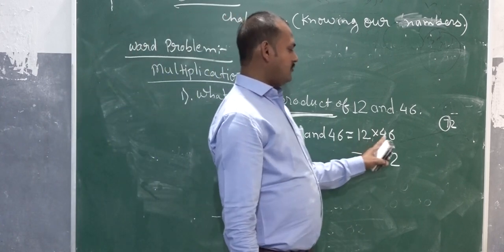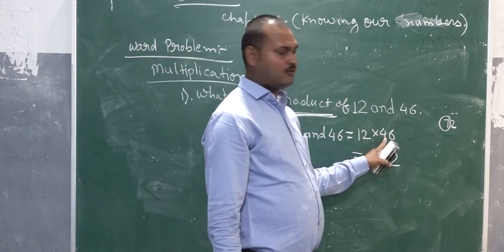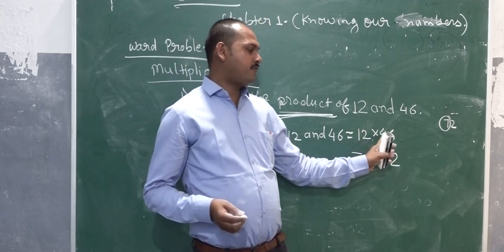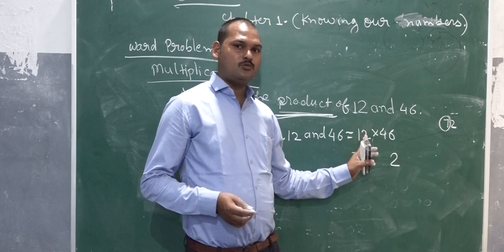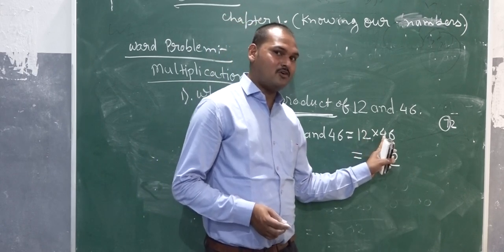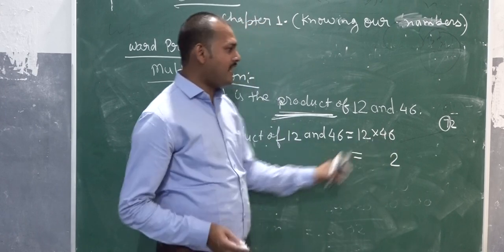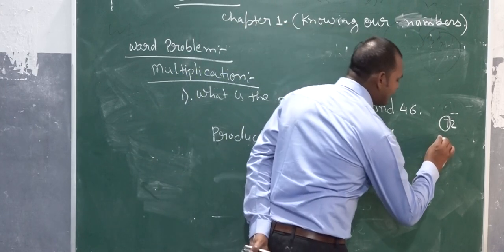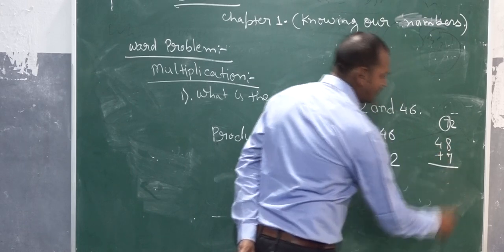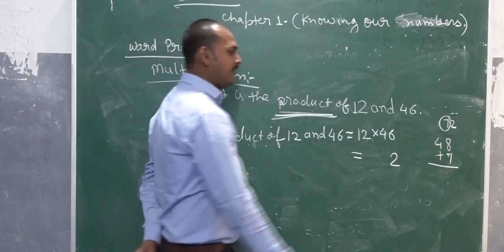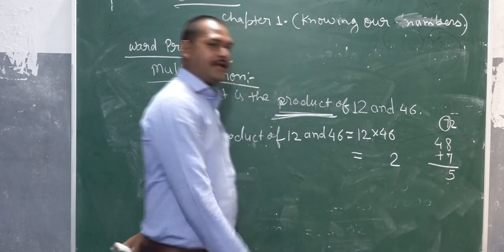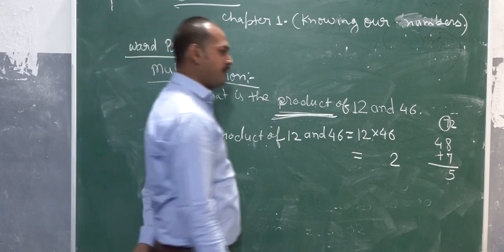Then 12 into 4. Earlier we read 12 fours are 48. And how much do we carry here? 48 plus 7. 8 plus 7 is equal to 15.